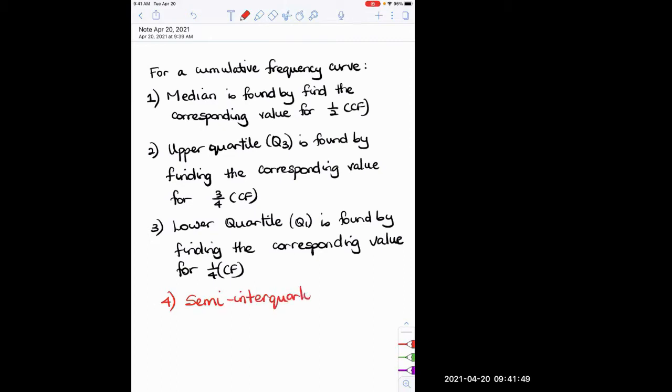Semi-interquartile range is Q3 minus Q1 over 2. All right, so write down that and we'll continue in a few minutes.